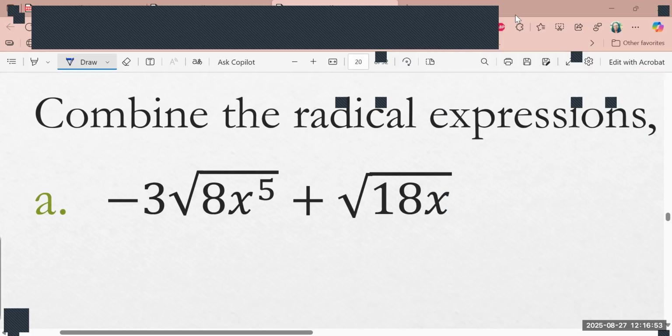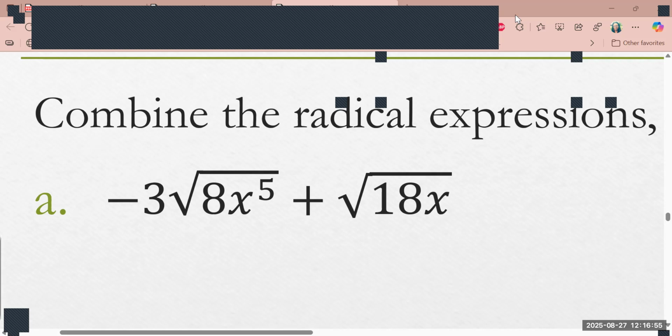So we are told to combine these expressions if it is possible. Well, let's see if it is possible. The root here is 2, so we want to see if we can find square roots of some parts. Can it be done? Well, let's try.